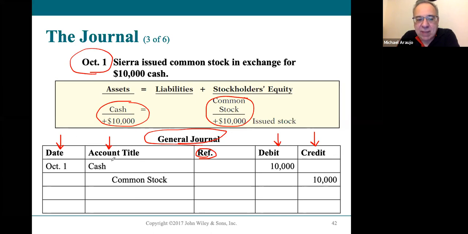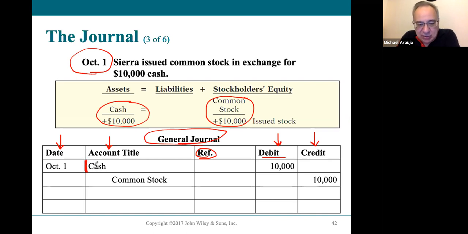Also in the journal, we're writing things down. A debit of $10,000 to cash would be written down. Now again, before I get into this, let me just backtrack a minute. Notice how the debit column is listed first. So we will always start with the debit. The account that's going to be debited will be listed first.